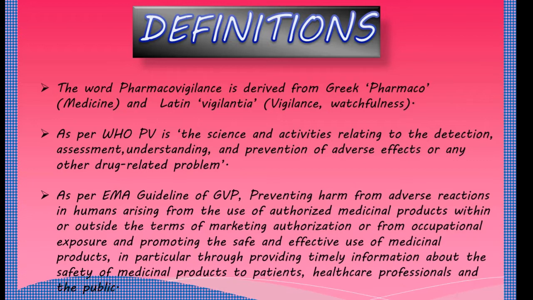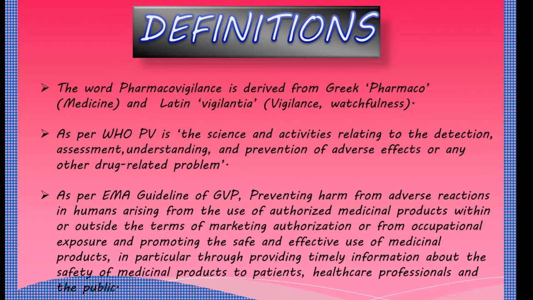If some sort of adverse event is detected at any stage during the development process, then that research can be stopped or alternative ways can be introduced. So continuous monitoring occurs right from phase 1 onwards.